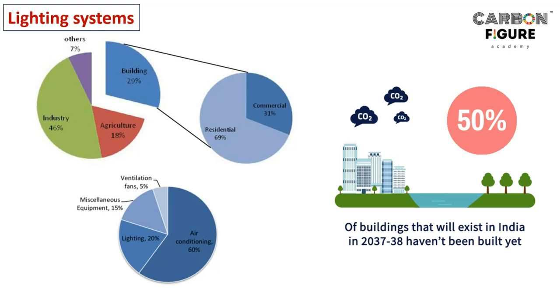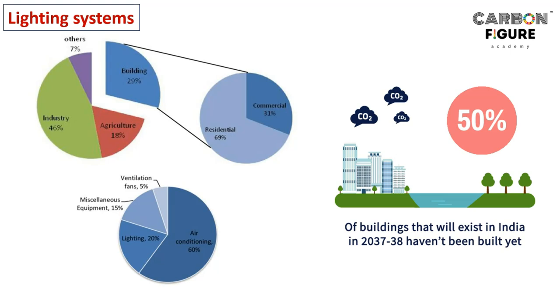If you take buildings as a separate entity and split it further, we will have residential units and commercial units, right? Among these two, residential units contribute more to the energy consumption. If you take a typical residential building, what are the different sources of electricity consumption?